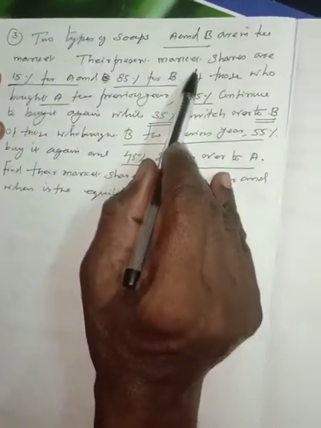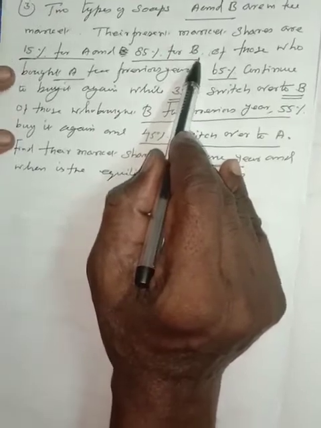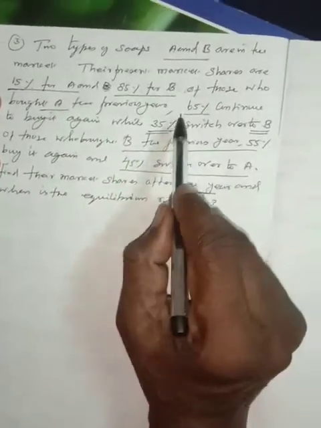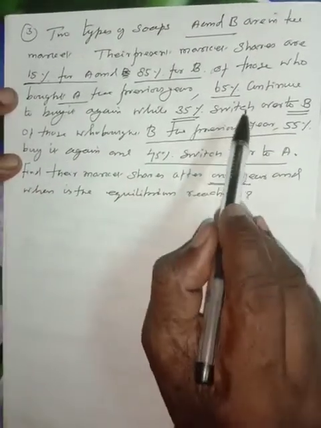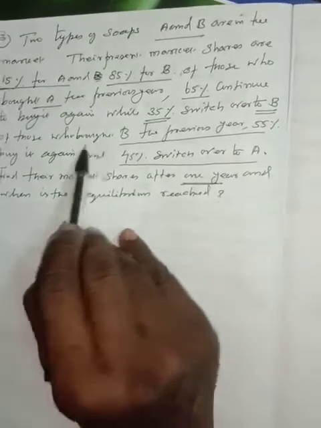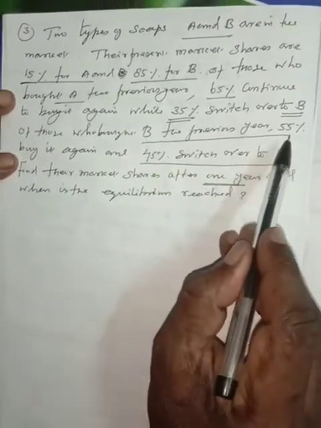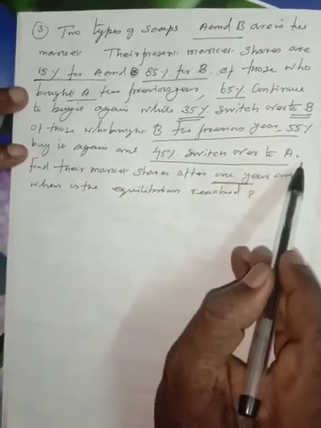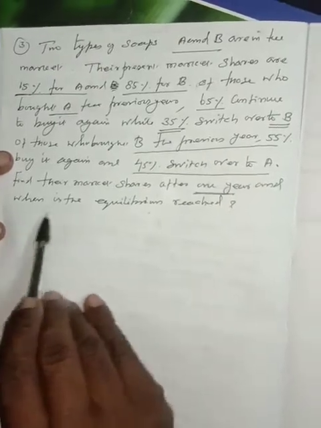Their present market shares are 15% for A and 85% for B. Of those who bought capital A the previous year, 65% continue to buy it again, while 35% switch over to B. Of those who bought B the previous year, 55% buy it again and 45% switch over to A. Find their market shares after 1 year and when equilibrium is reached.